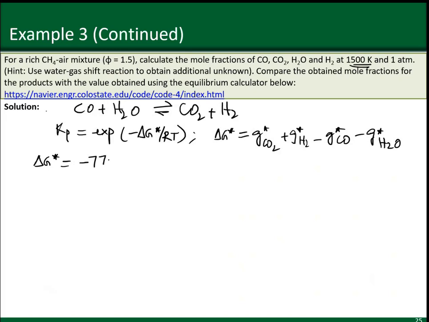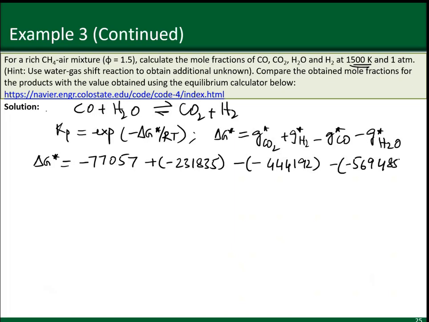minus 770,057 for CO2, minus 231,835 for H2, then minus 444,192 for CO, and minus 569,485 for H2O.